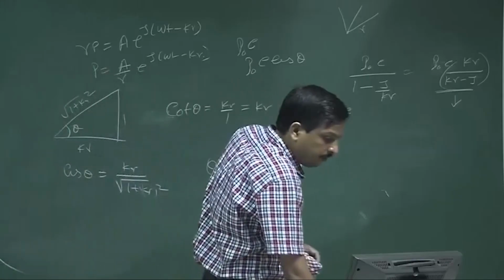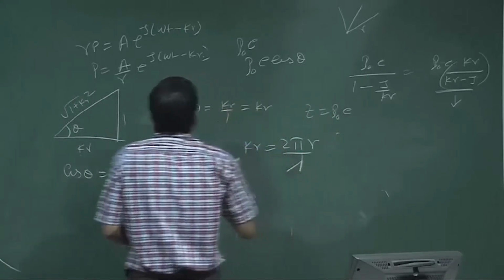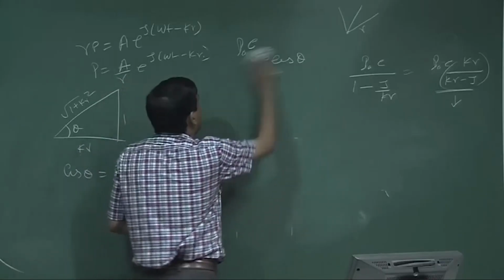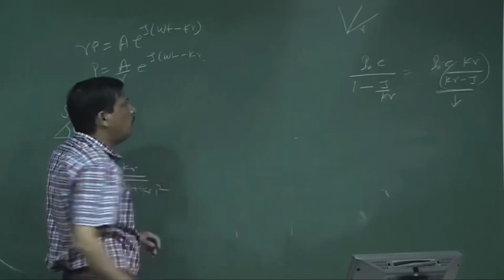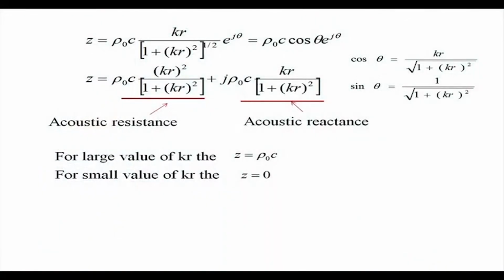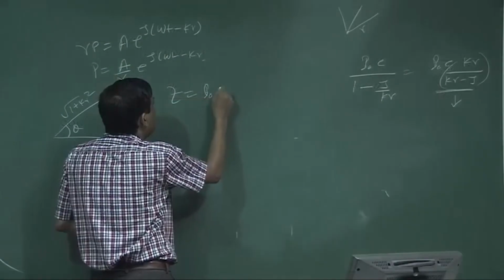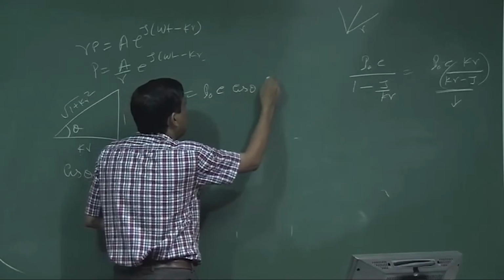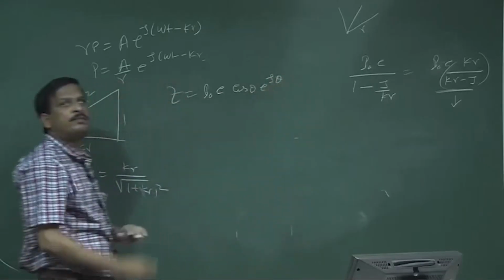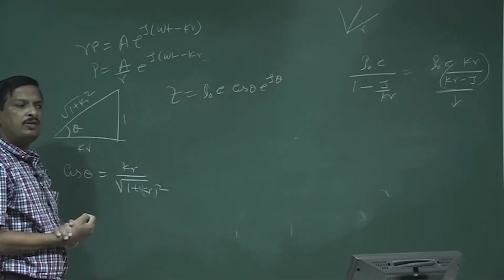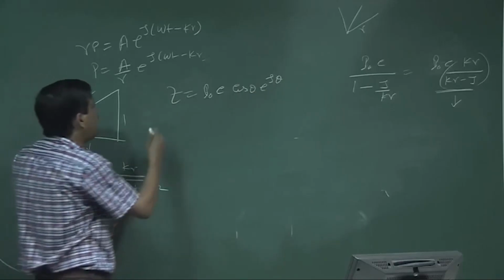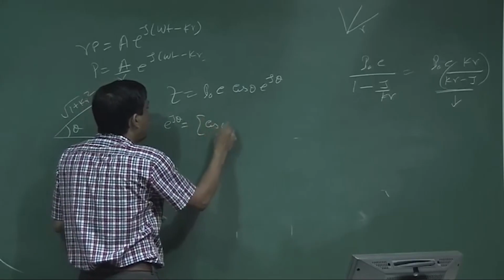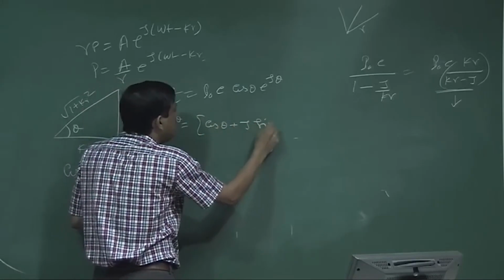Now, I can express Z in other terms also. You have seen that Z is a complex function, so it is a two-parameter function. Z is nothing but rho 0 c cos theta e to the power j theta. Now, what is e to the power j theta? It is nothing but cos theta plus j sin theta.